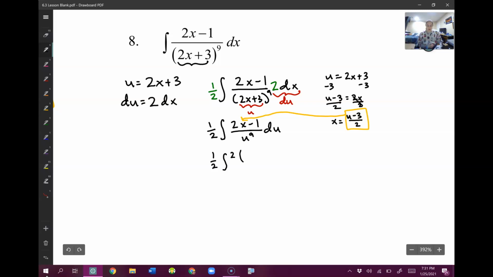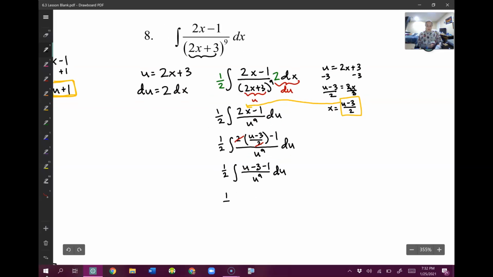So now this is 2 times u minus 3 over 2, minus 1, all over u to the 9th. Now I'm going to keep going from here. My 2's cancel. So I've got 1/2 because I have one on top, one on bottom. And then u minus 3 minus 1 over u to the 9th du.